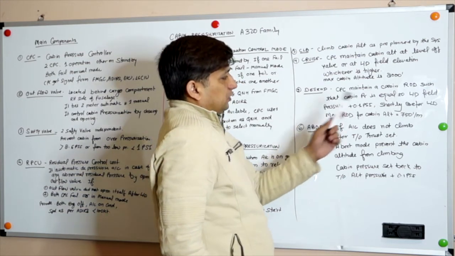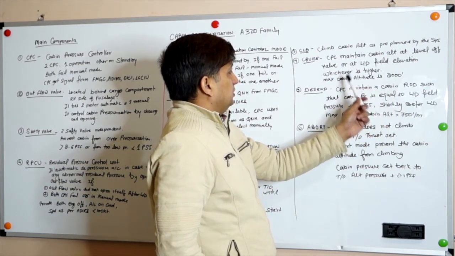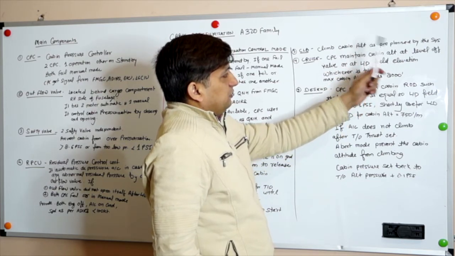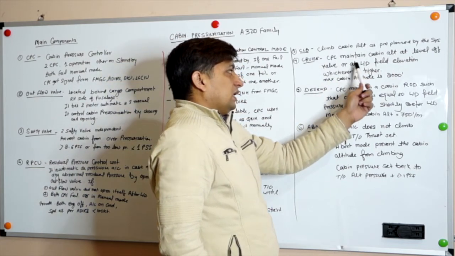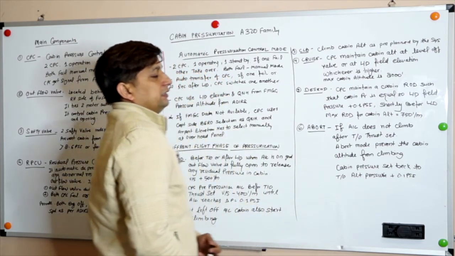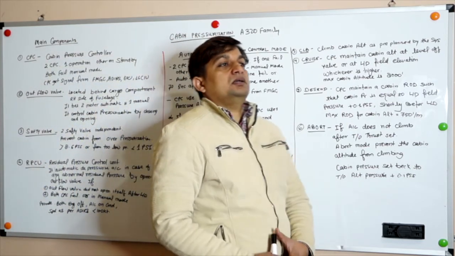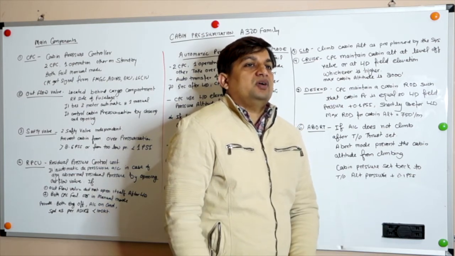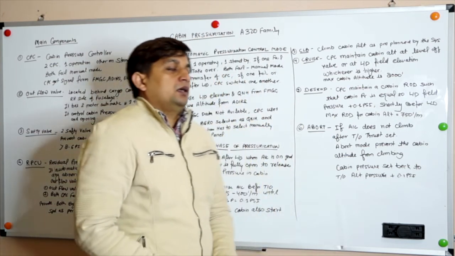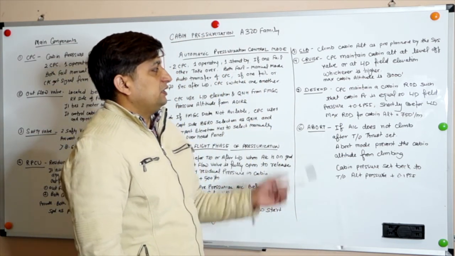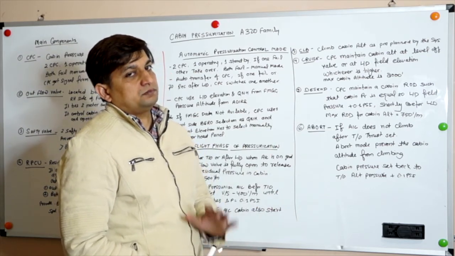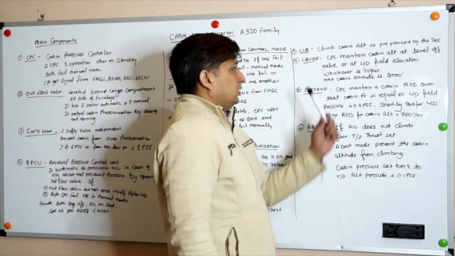The CPC will maintain cabin altitude at the landing elevation figure. If the landing elevation of the airport is more than the cabin altitude, in that case the cabin altitude will climb up to the landing elevation and then maintain that, whichever is higher.